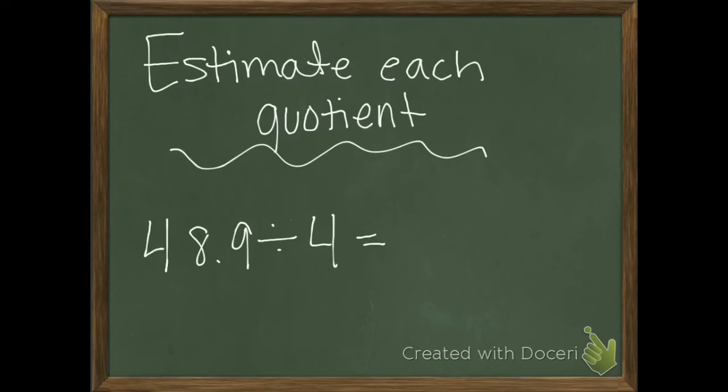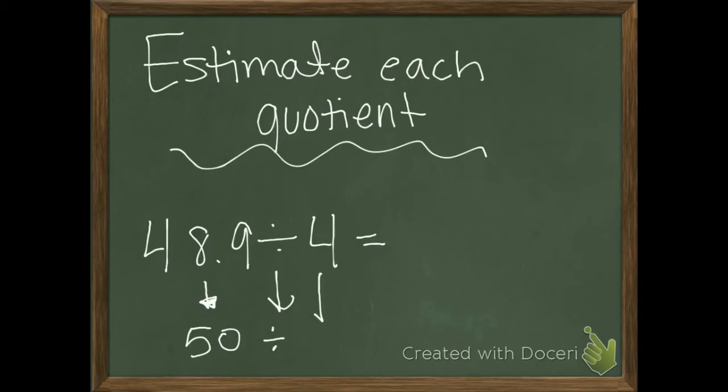So when it asks you on your practice work to estimate, you are going to estimate the numbers given to you before you get the answer. So what is 48 closest to in the nearest tenths? Is it closest to 40 or 50? Well, 50, so let's change it to 50. Drop this down to make it your division problem still.